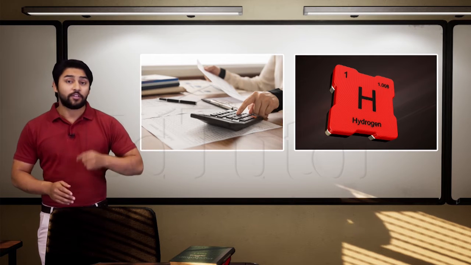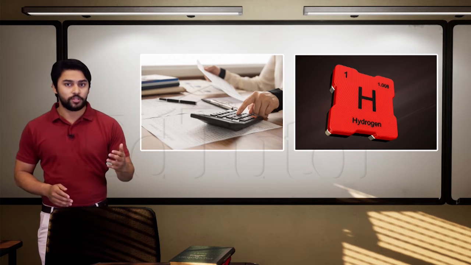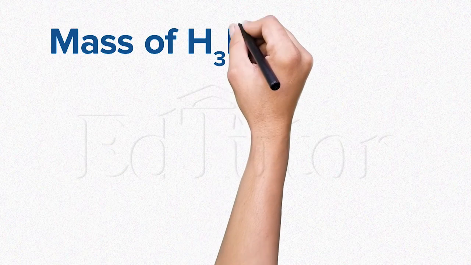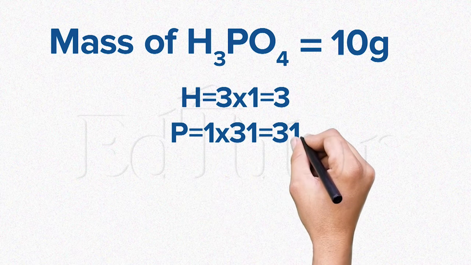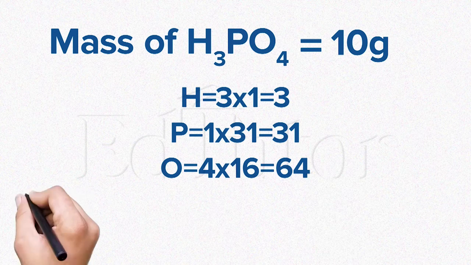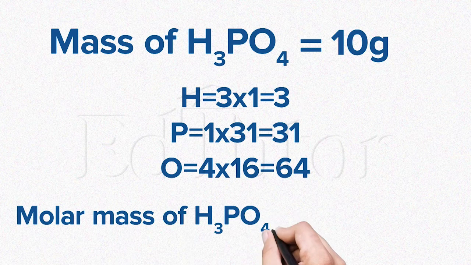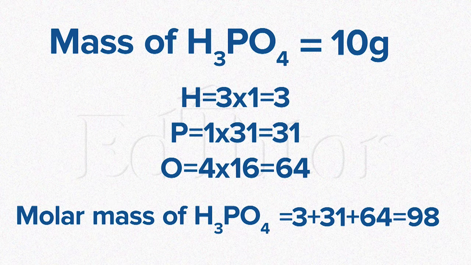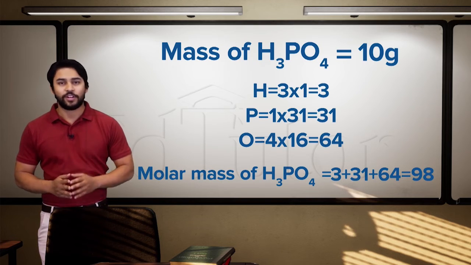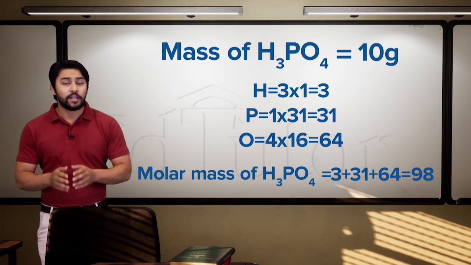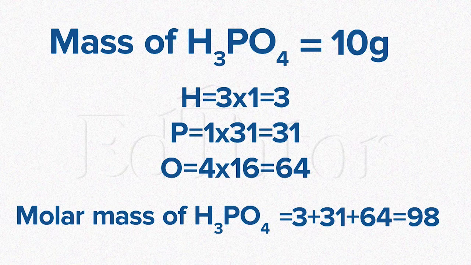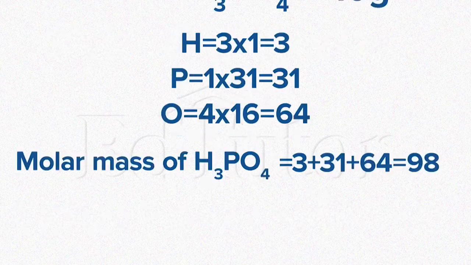We have 3 atoms of hydrogen, so 3 multiplied by 1 gives us 3, plus 1 atom of phosphorus, which is 31. Then we have 4 atoms of oxygen, so 16 multiplied by 4, which is 64. When we add all these together, we get 98, and that is the molar mass of phosphoric acid.